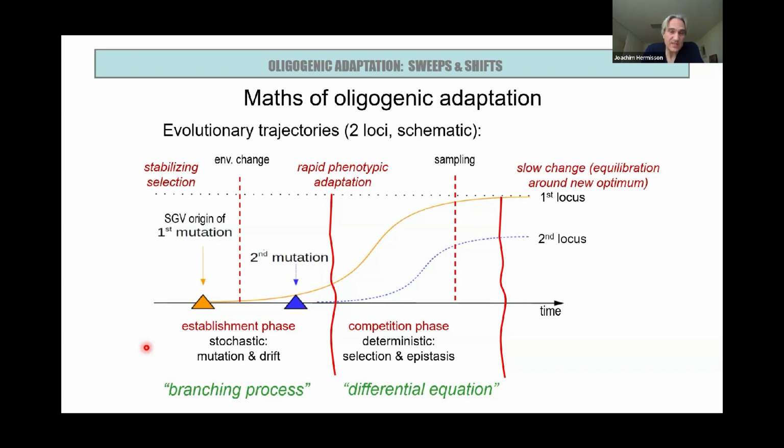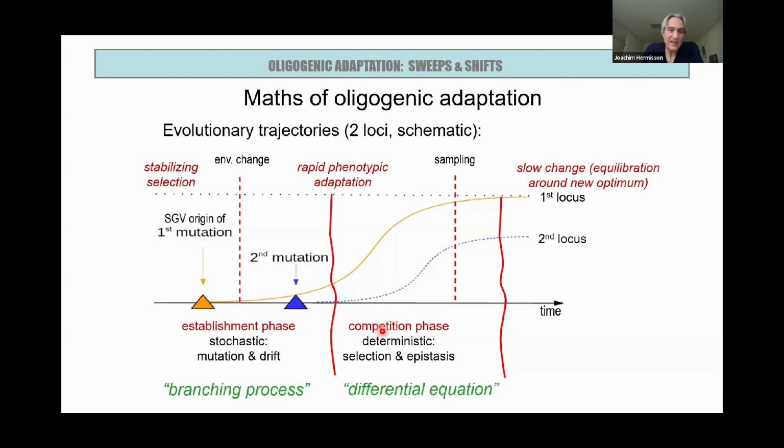During this phase, stochastic forces are definitely very relevant. It's largely governed by mutation and drift, and the whole thing can be described as a branching process. Of course, selection also acts, but what's not important in this establishment phase are interactions among segregating mutations. This is what makes our life simpler, and why we can go to a branching process, as I will explain further, because we can largely ignore interactions here.